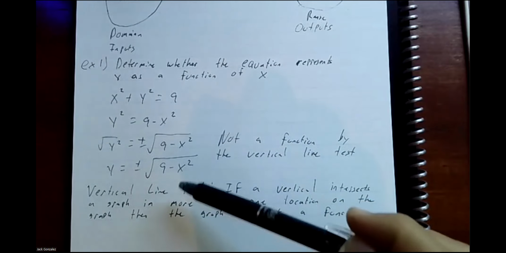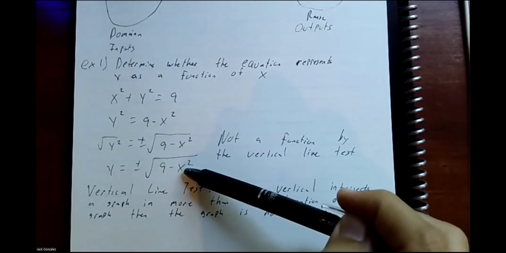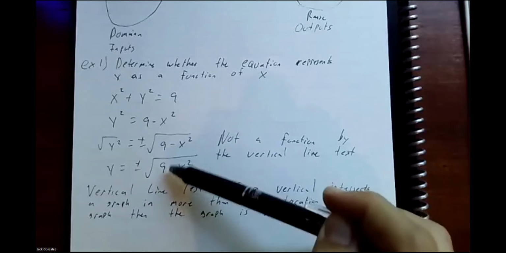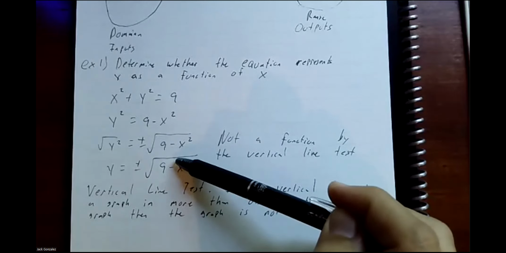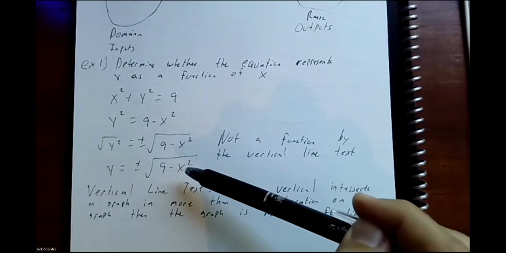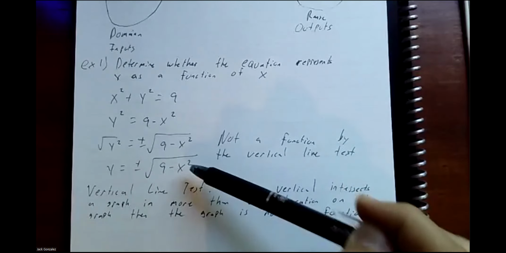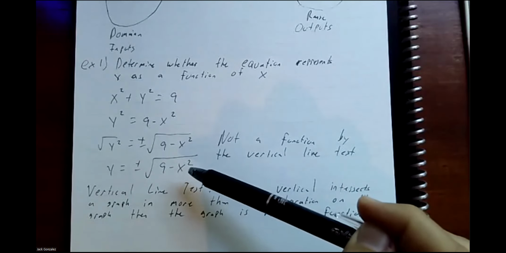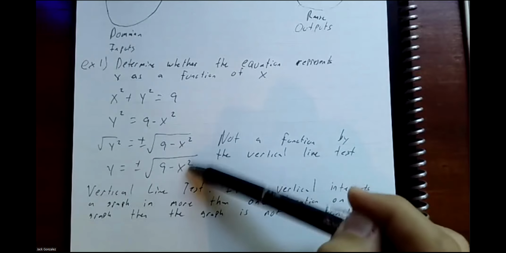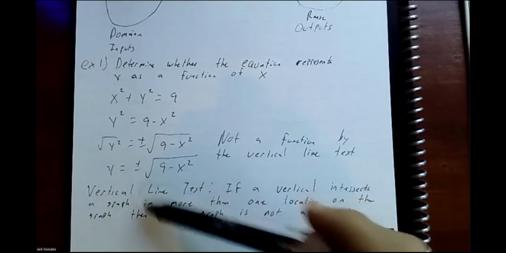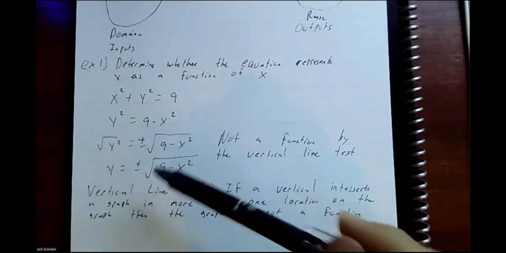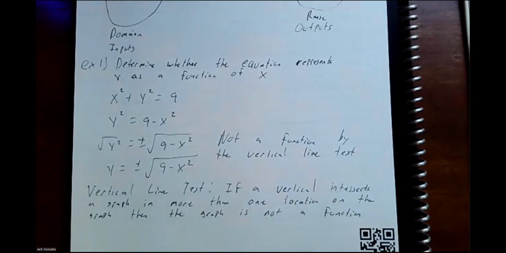So for example, if I plug in 0, you see that I'm going to get plus or minus 3. So that right there is a violation because I have 0, 3 and 0, -3. You could plug in any number and it'll come out with 2 values. So that can be an alternate way if that's what you're asking.